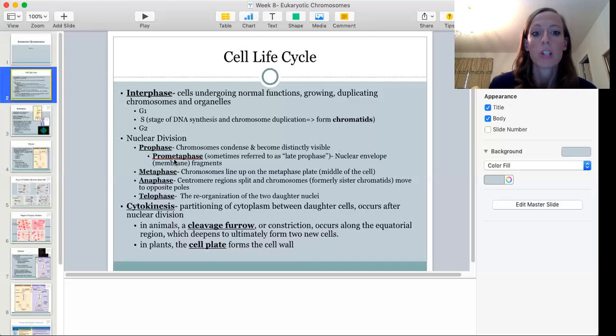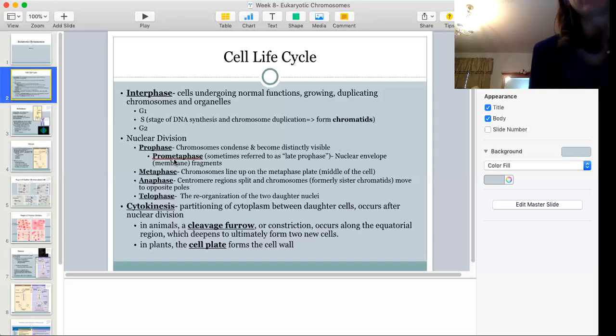Okay, so prophase, the first stage of nuclear division, is when, if you are looking under the microscope at a cell, you will now be able to see the chromosomes more distinctly. Whereas before, the nucleus would just be kind of a hazy gray color.